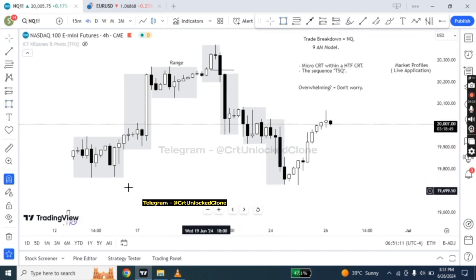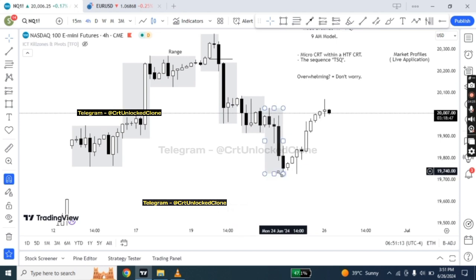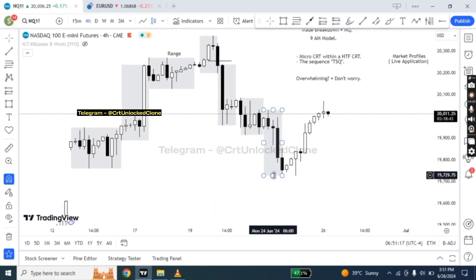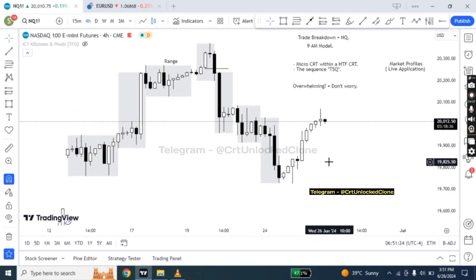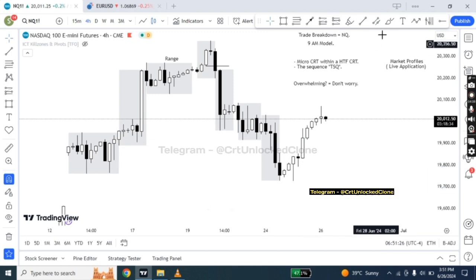Now when price was right here after an expansion, I started expecting a reversal. The reason is that after an expansion we can only have three possible outcomes: a range, a retracement, or a reversal. I anticipated a reversal based off of two factors.